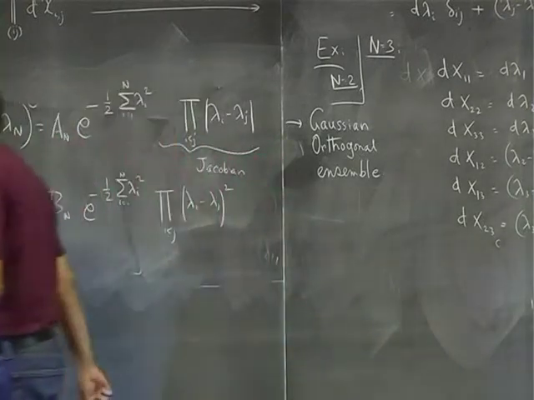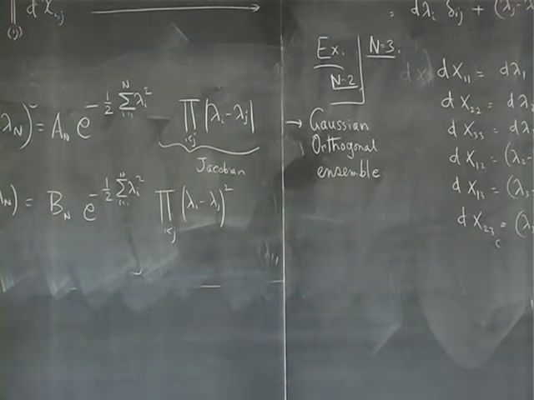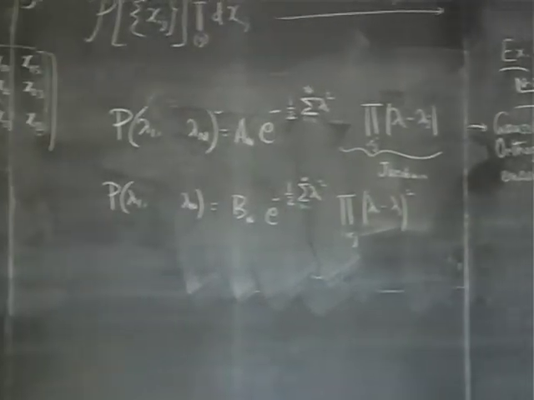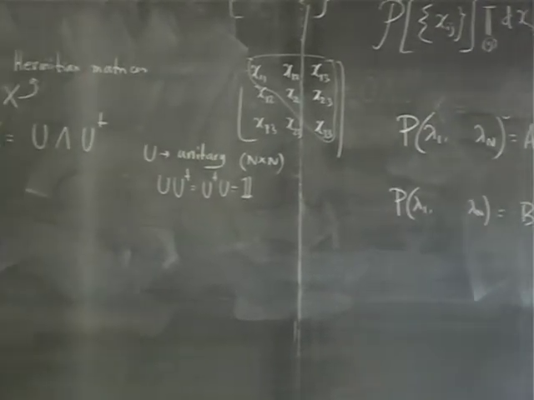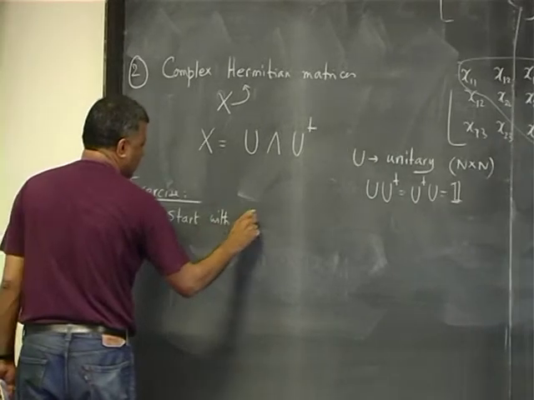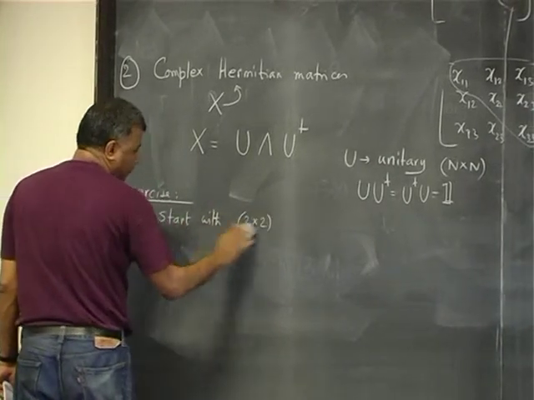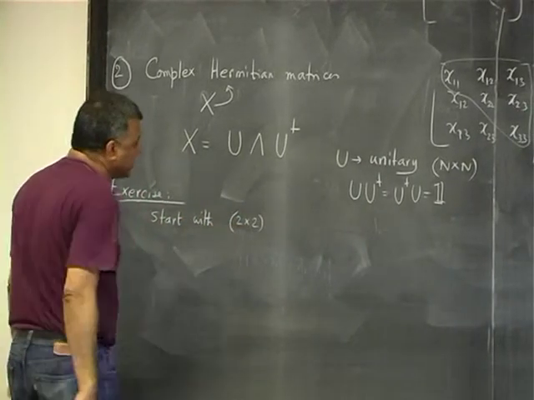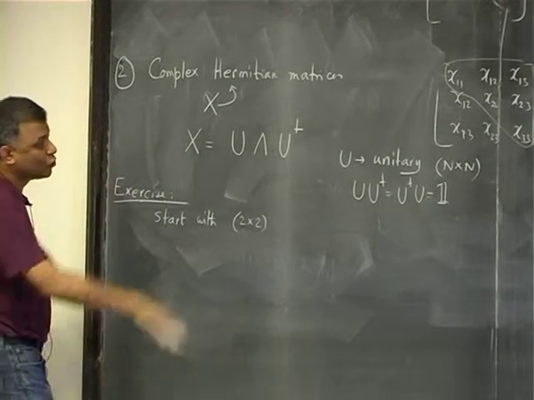Just do the 2 by 2 case first. Okay? Exercise. Start with the 2 by 2. For 2 by 2 again, you do not need to go through all this procedure.